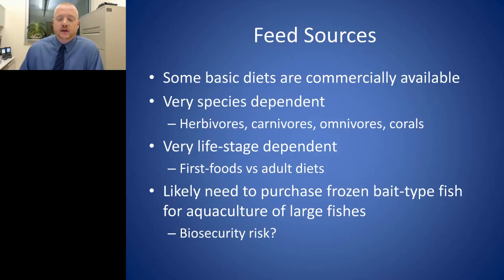To accommodate a large colony of cobia or mahi-mahi, you oftentimes have to use frozen bait type operations and get fish from them. So that's a little bit of a concern. Is it a biosecurity risk? Of course it is.